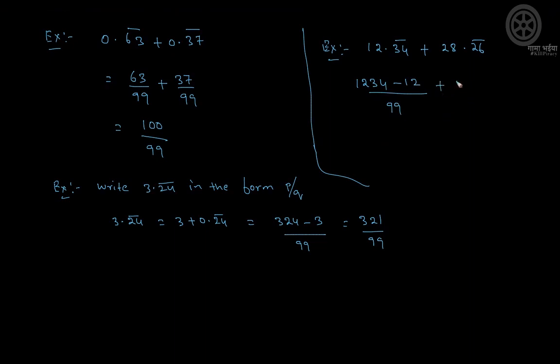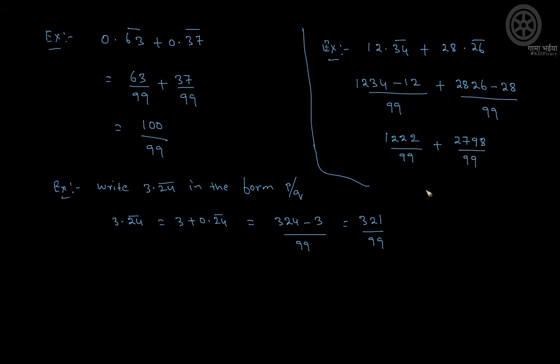So plus 2826 minus 28 by 99. Check it. What number are you getting here? 1222 by 99 plus 2798 by 99, right?